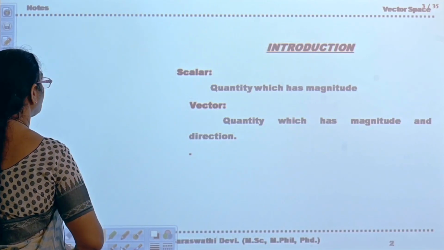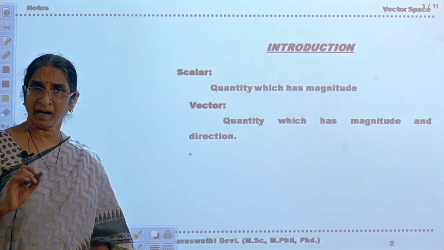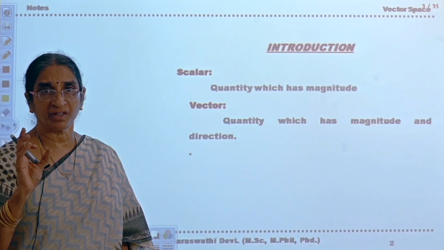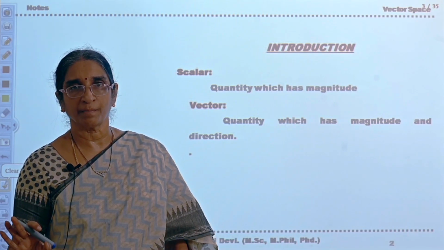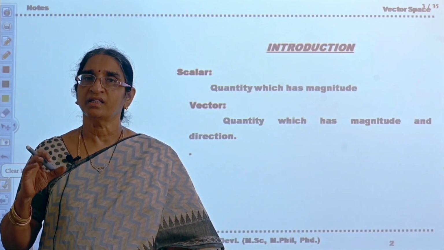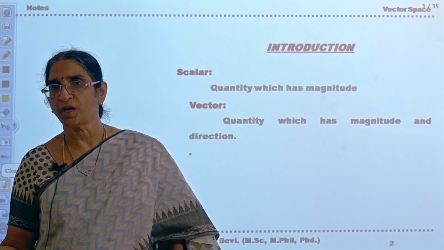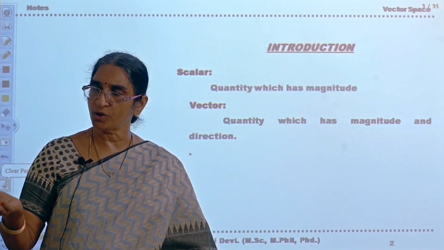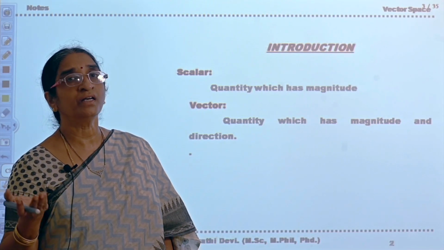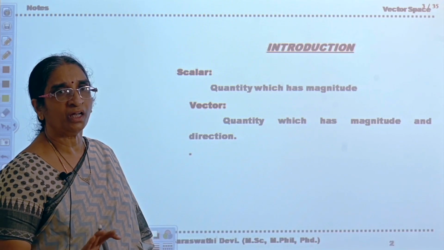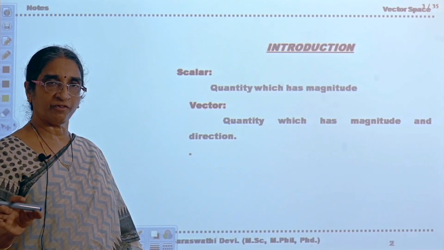Now, what is a scalar? Mathematically, a scalar can be treated as a real number. A vector, if it is in two dimensions, is an ordered pair; in three dimensions, an ordered triad; in n dimensions, an ordered n-tuple. Now it is clear, scalar and vector.